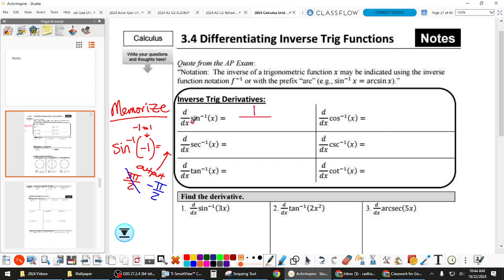Anything that has an S, like I said a second ago, will have a square root and a subtraction sign. This one has an extra little thing, so I'm leaving room there. But the first one is 1 inside the square root is 1 minus x squared.